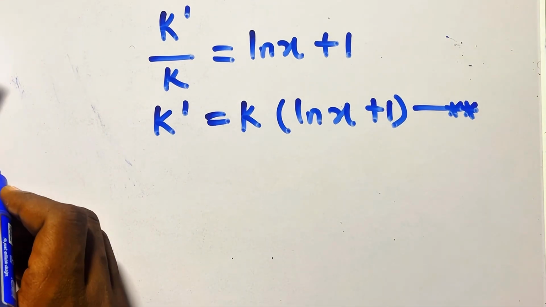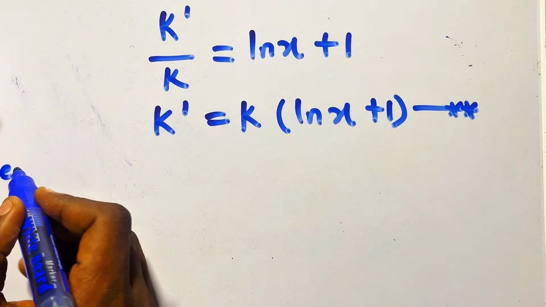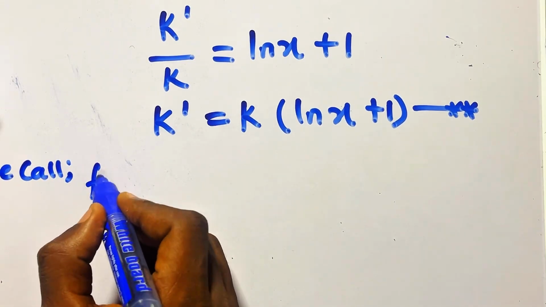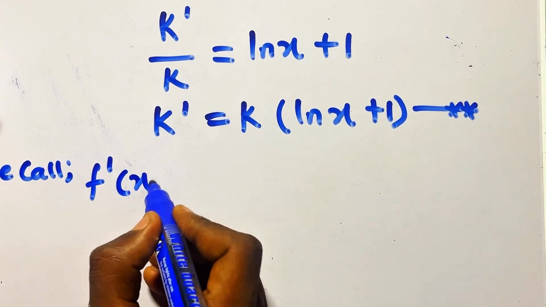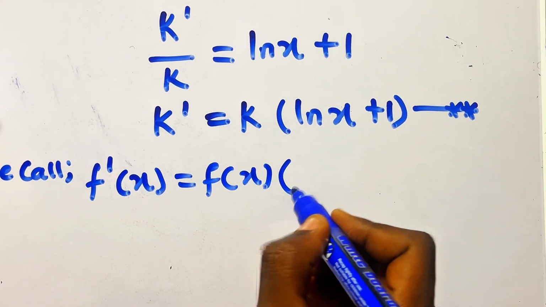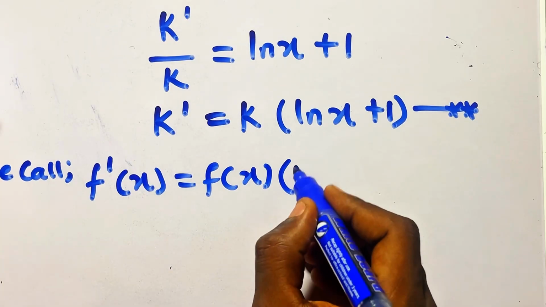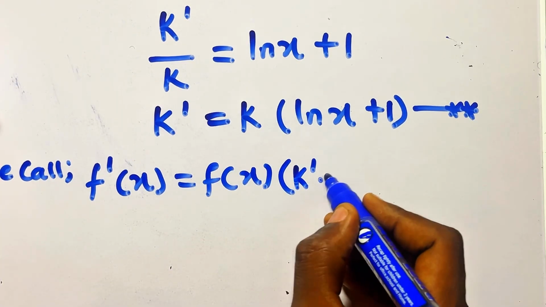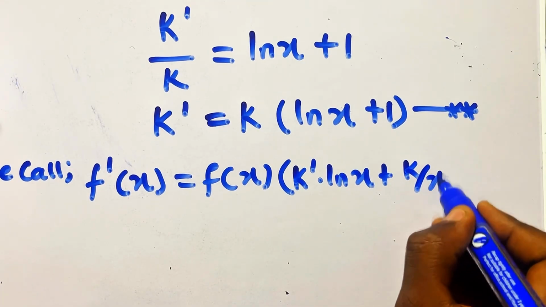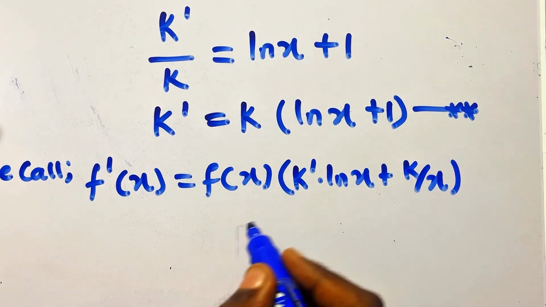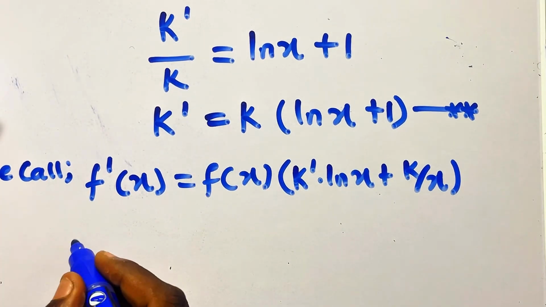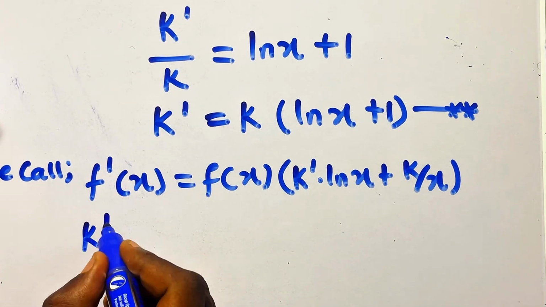Now we have to recall that f prime of x equals f of x multiplied by k prime ln x plus k divided by x, from our equation star. So we want to substitute this k prime into this.